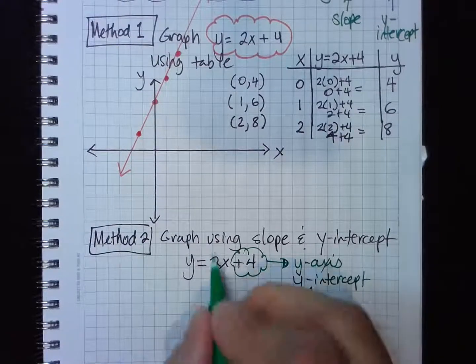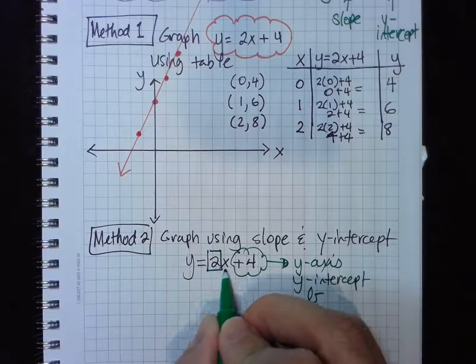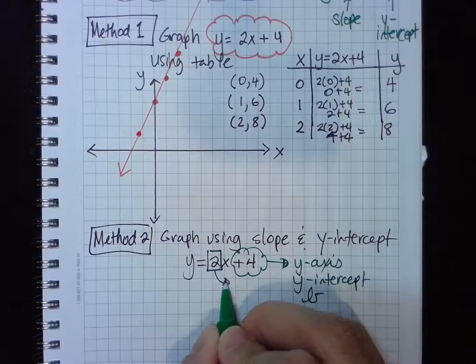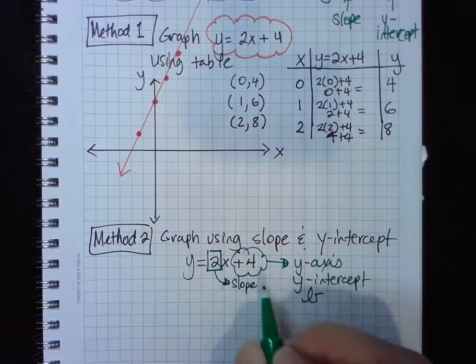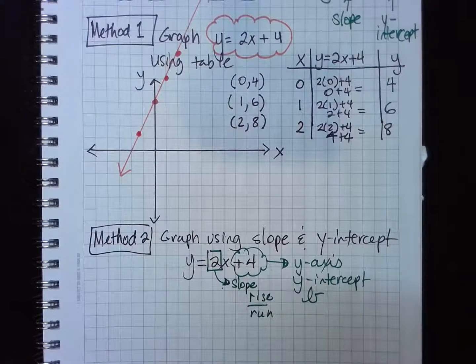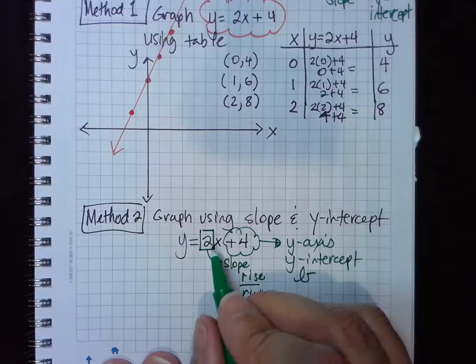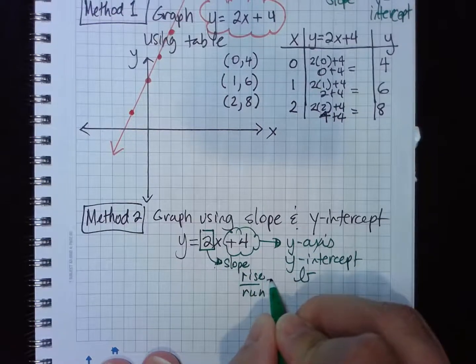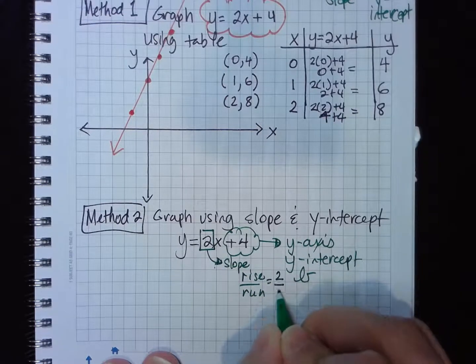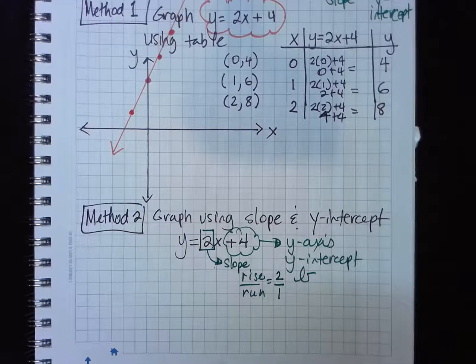And then this number right here, the coefficient of the x, is the slope, and that's my rise over my run. So I know slope's a fraction. So I've only got the number 2. So to make it a fraction, remember I can make anything a fraction by using a 1 under it. So my slope right here is 2 over 1.